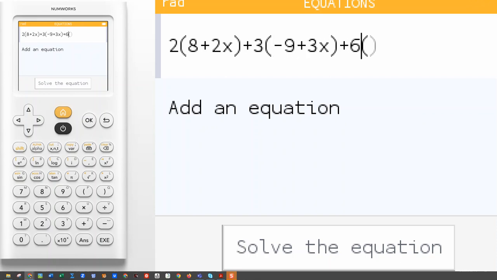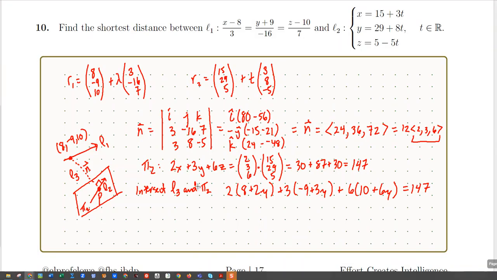So -9 plus 3 at the variable, and then 10 plus 6 times the variable, and that needs to be equal to 147.